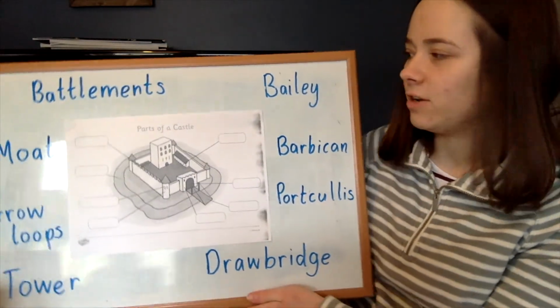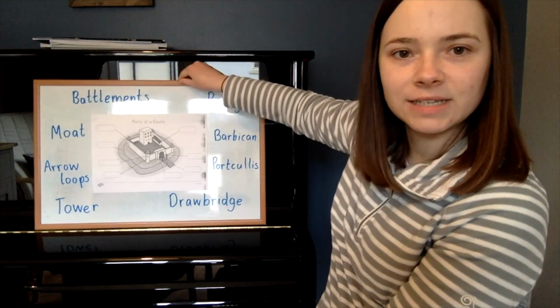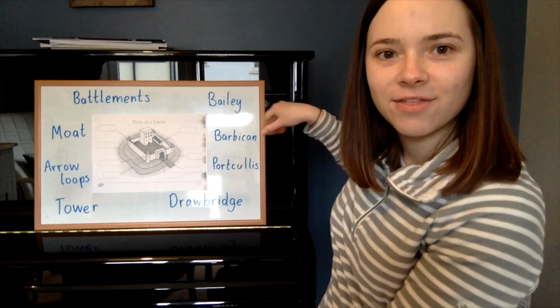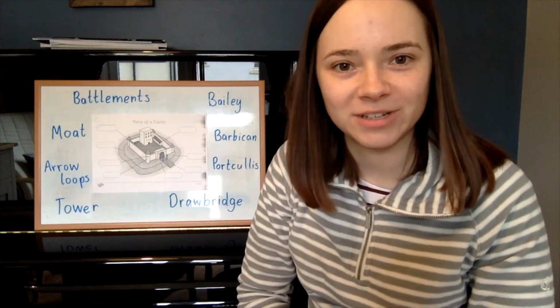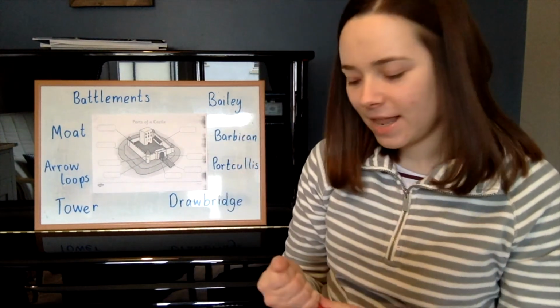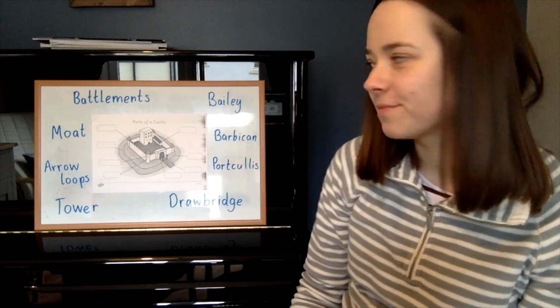So let's have a look. I'm going to set this back up here. I think it's a little bit easier to see when it's up there. There we go. We don't want to get the reflection from outside on it because then you can't see any of the words and that would be a disaster. So let's have a look. We're going to read our words first of all and see if we can remember what they are.